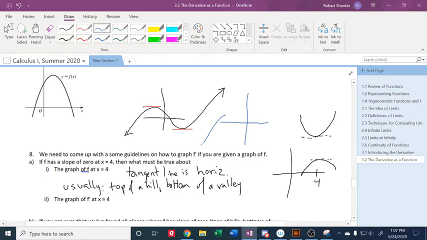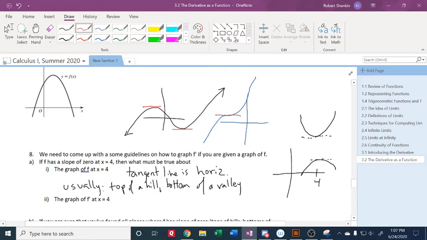Imagine a stock function that's going up, up, up, up, up, up, up. And now you're getting sad because it's not going to be making so much money anymore. And right in here, it gets horizontal. But if right when it's horizontal, it reverses its trend and starts going up again, then you could have a horizontal tangent line and it not be a top of a hill or bottom of a valley.